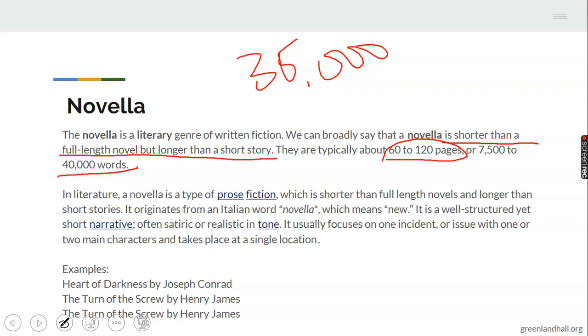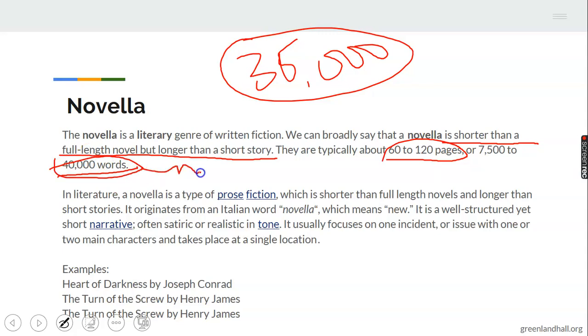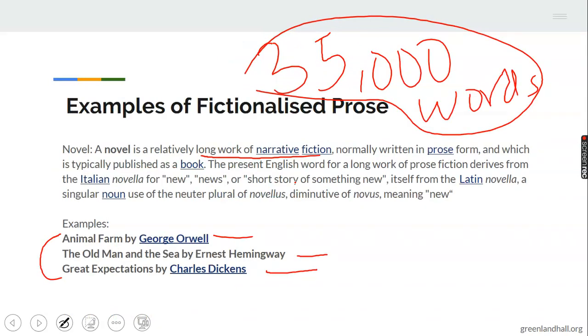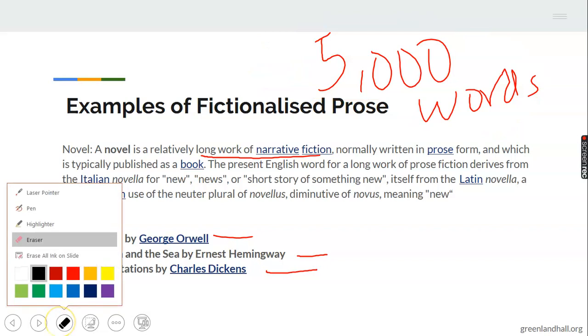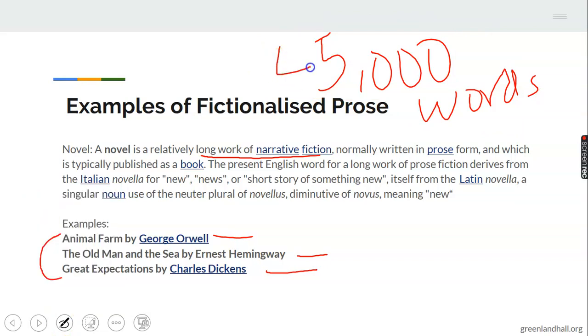But now, even this is classified as a novella. That is, anything in this range is a novella. Let's correct this impression. For a novel now, a novel must have at least 45,000 words.